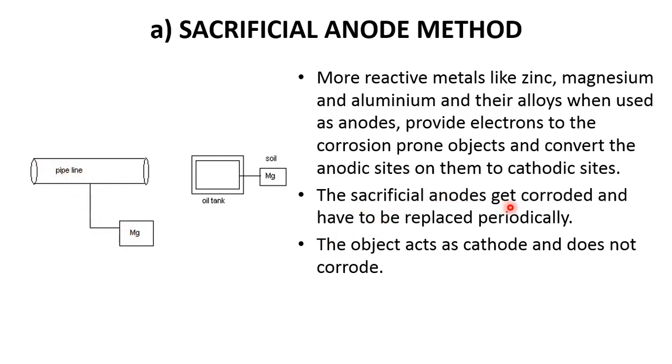The sacrificial anode gets corroded and has to be periodically replaced. The object acts as a cathode and does not corrode. This is regarding the sacrificial anode method. It is one of the cathodic protection methods.